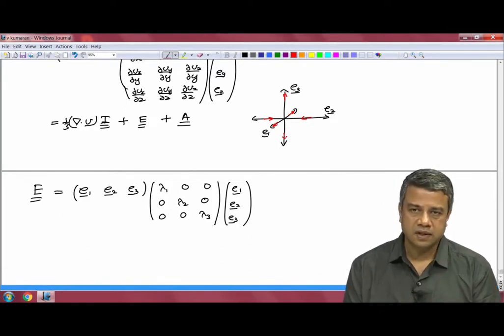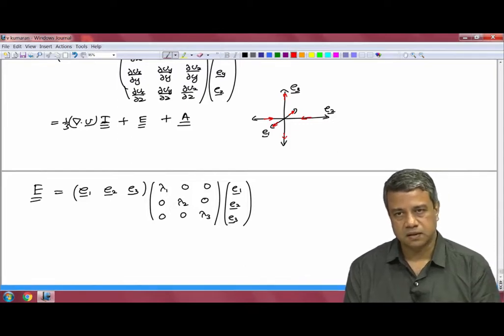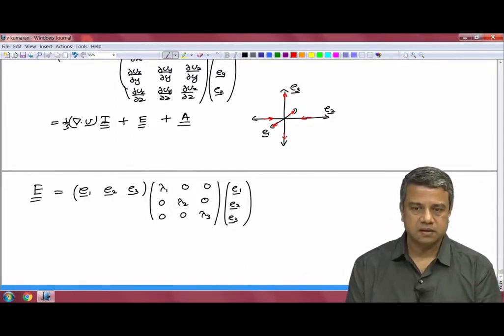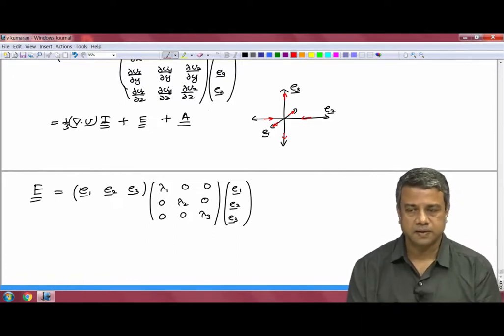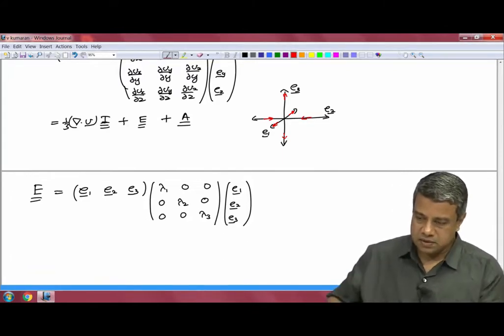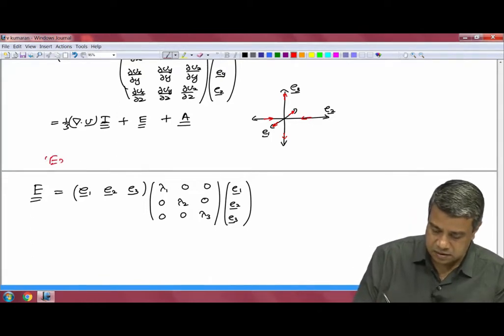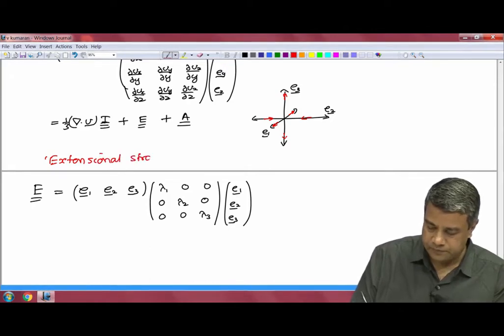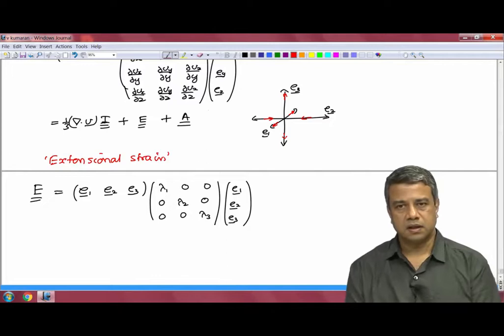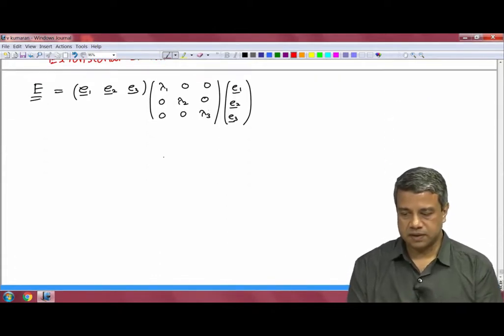Therefore, you can have two directions of expansion and one compression, or one direction of expansion and two compression, and so on, or a planar strain where there is expansion along one direction, compression along the other direction, and there is no deformation along the third direction if the eigenvalue in that direction is 0. So, that is for the symmetric traceless part of the rate of deformation tensor, and this is what is called extensional strain. And this is in general non-zero even for an incompressible fluid.